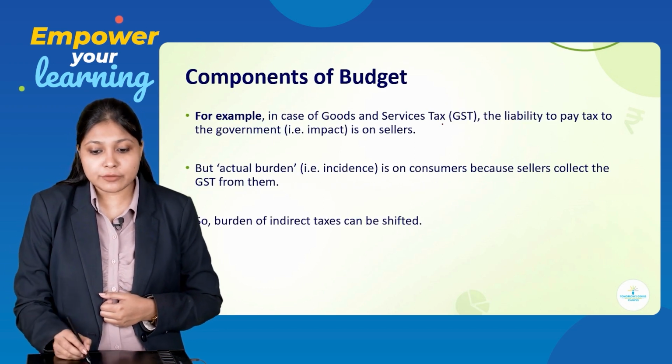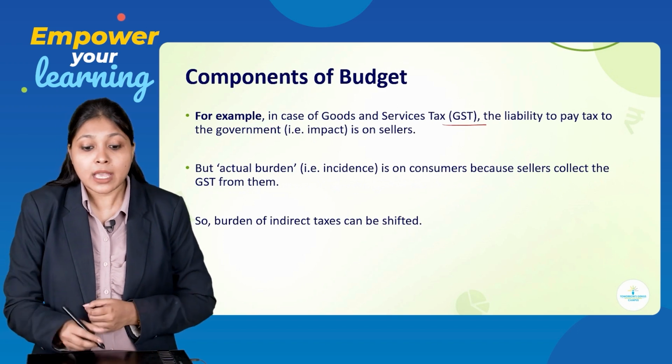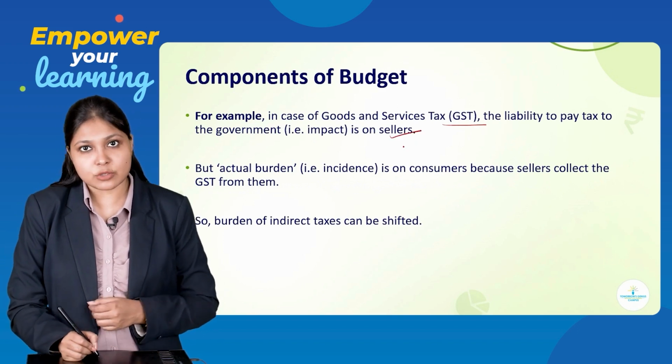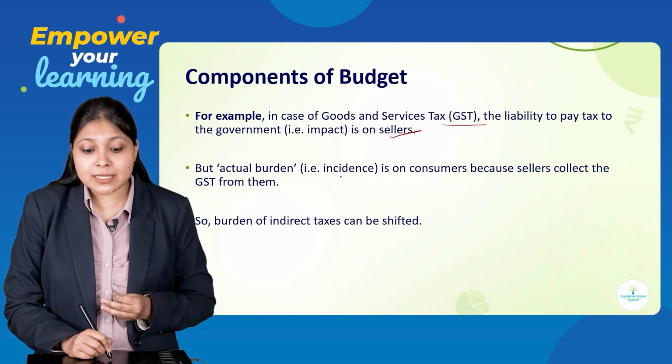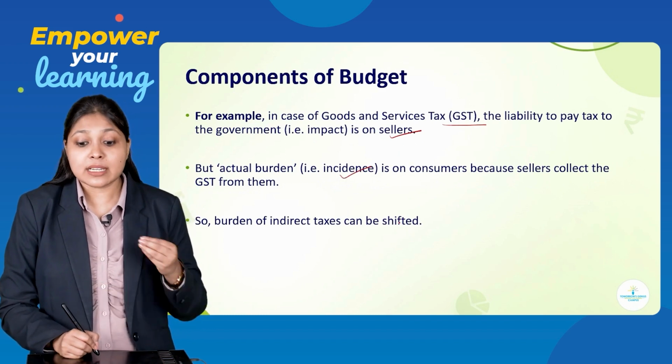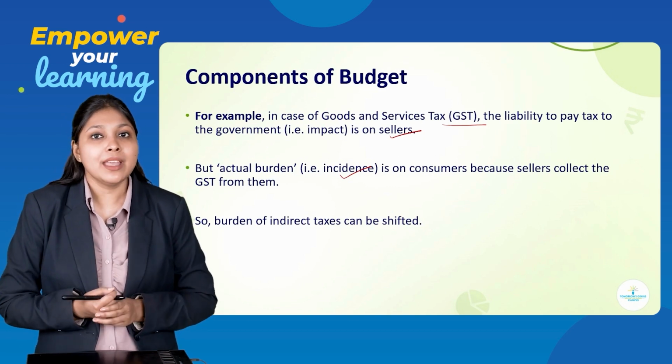So, in case of GST, the liability to pay the tax to the government is on the seller, but the actual burden is borne by the consumers, because sellers collect GST from them.